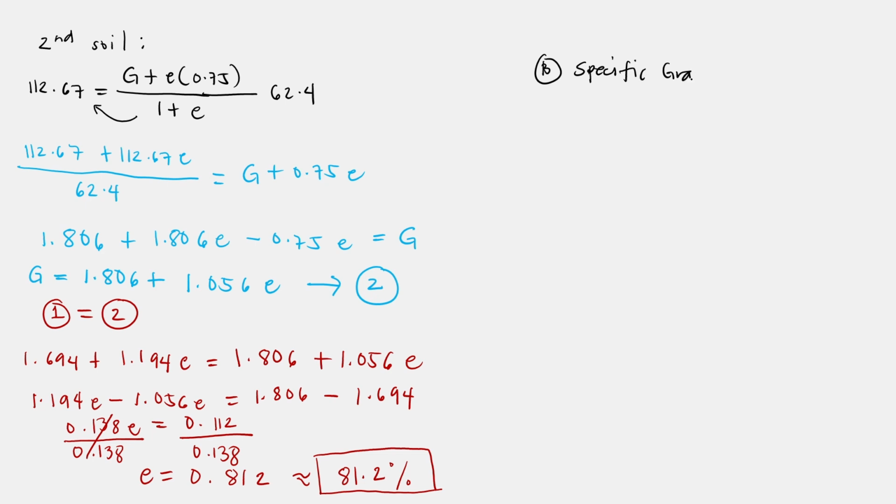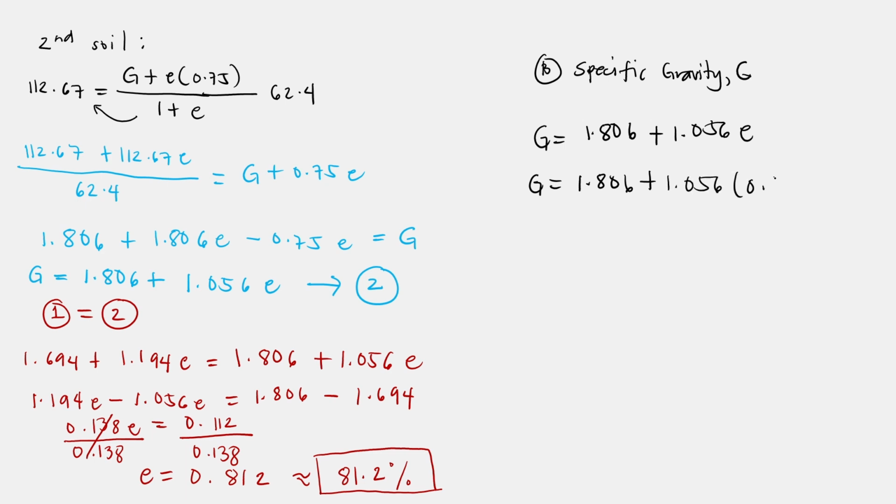So, from equation 2, G is equal to 1.806 plus 1.056E. Nakuha naman na natin yung E natin which is itong 0.812. So, isalpak na lang natin. Plus 1.056 times 0.812. Ayan. So, compute, 1.806 plus 1.056 times 0.812.